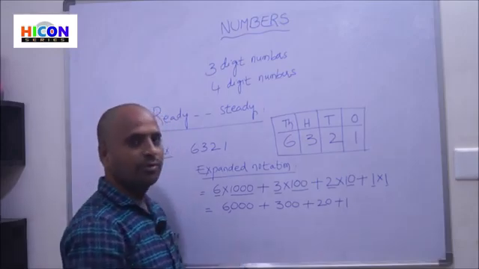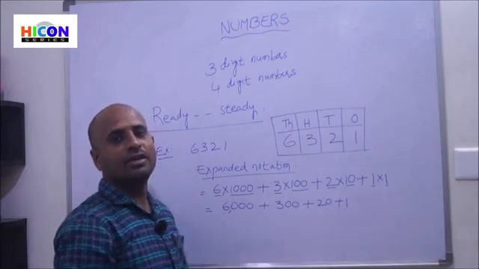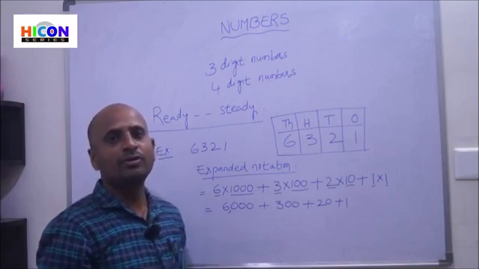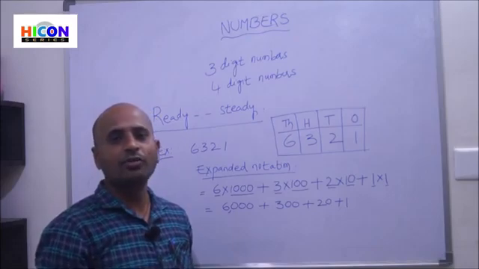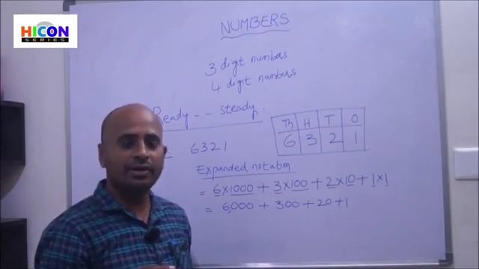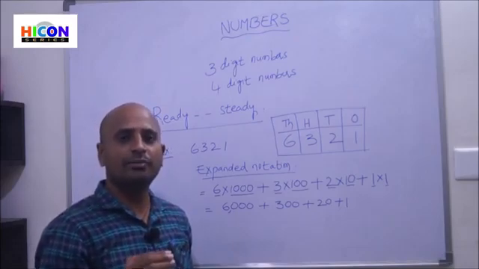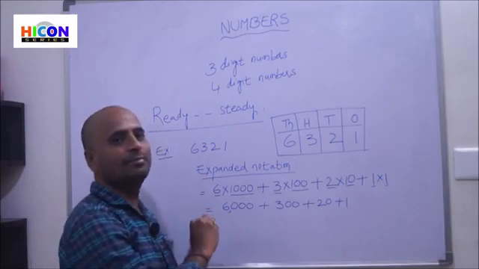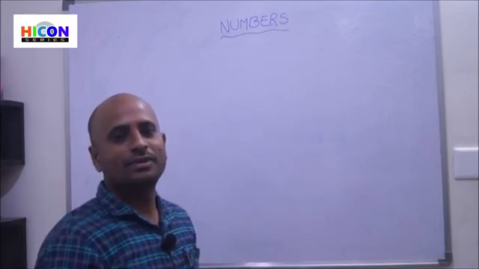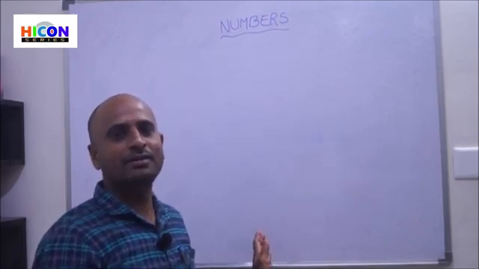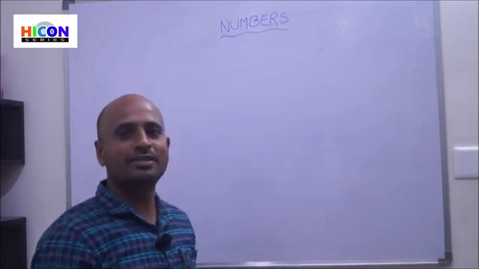Now in 4th class we will learn about 5-digit numbers and 6-digit numbers, and how to write the expanded notation and the number names for them. This is the Ready and Steady part, and it is completed.